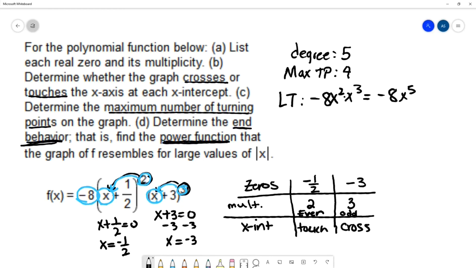And just to give you a little bit more detail about what that means for end behavior, we're going to look at two components of this leading term. You can look at the degree and the leading coefficient. Now the degree is odd, and what that tells me is that the ends are going to go in opposite directions, one negative and one positive, where it might be positive on the left, negative on the right.